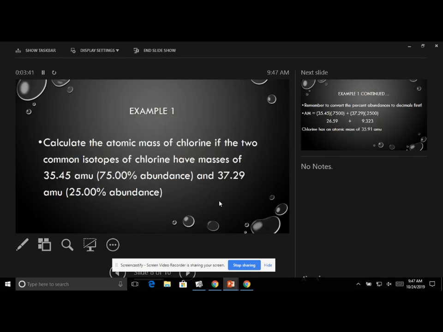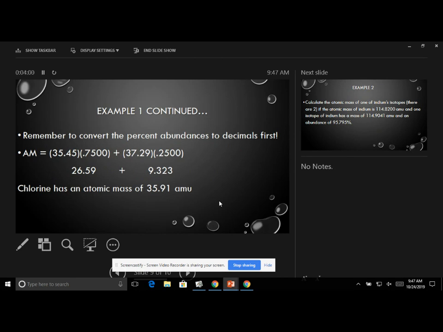So here's your first example. Calculate the atomic mass of chlorine if the 2 common isotopes of chlorine have masses of 35.45 atomic mass units with a 75% abundance and 37.29 atomic mass units with a 25% abundance. First, remember to convert the percent abundances to decimals.